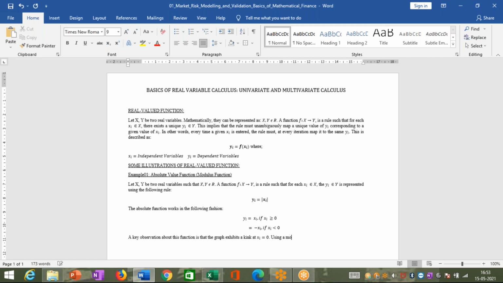So using a modulus function can generate sharp kinks and is often difficult to optimize using conventional optimization methods.